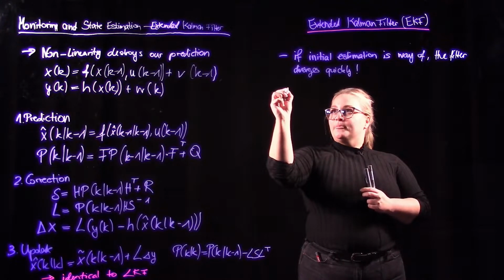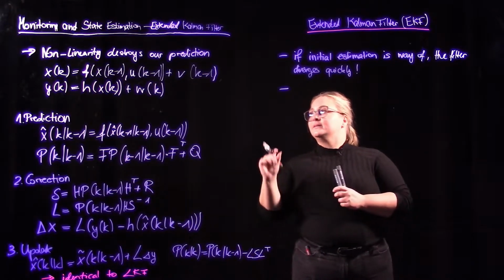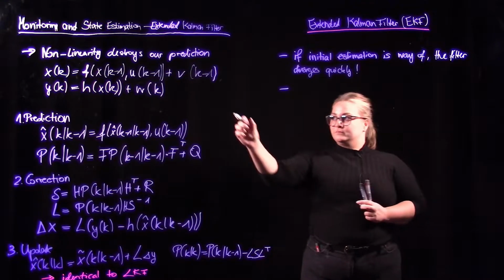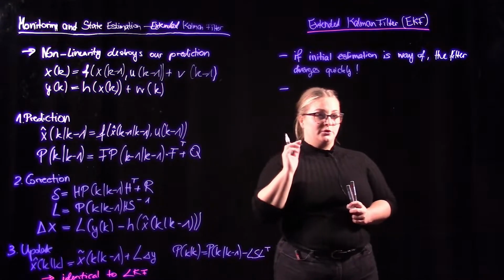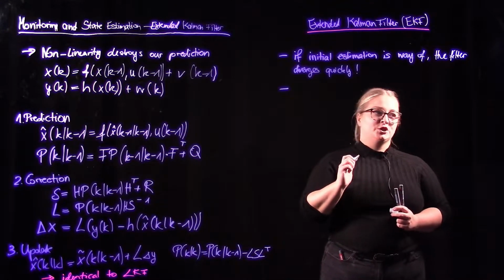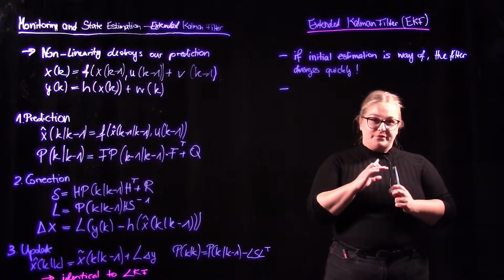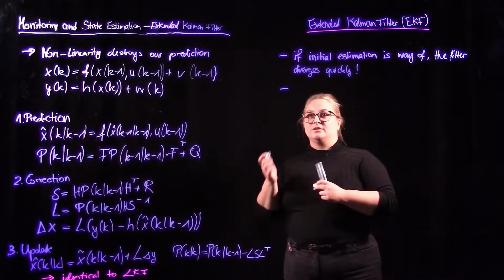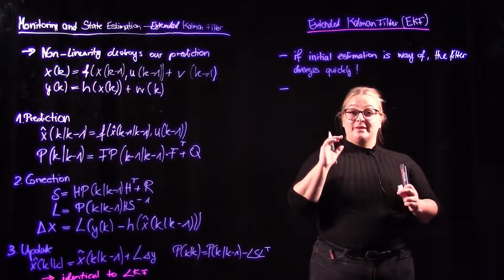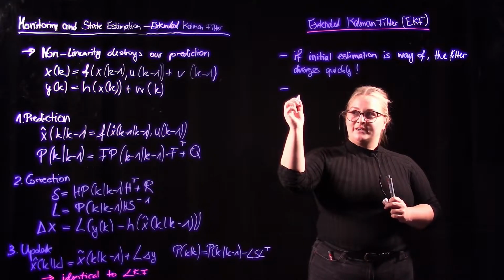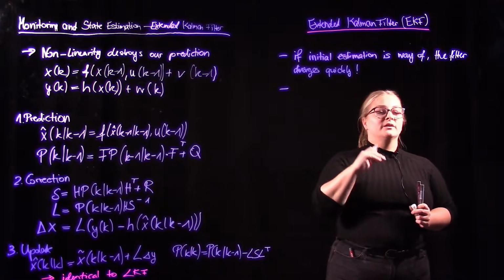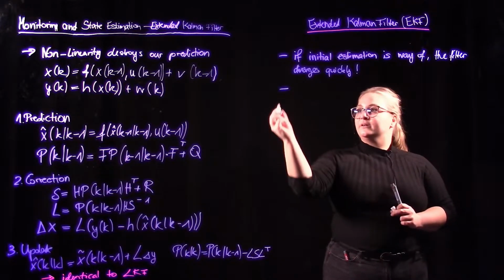We also, if our nonlinear model that we have with this, the nonlinearities are very large, the filtering algorithm and the estimation also diverges. So if we have very large nonlinearities, we might need to use the unscented Kalman filter.